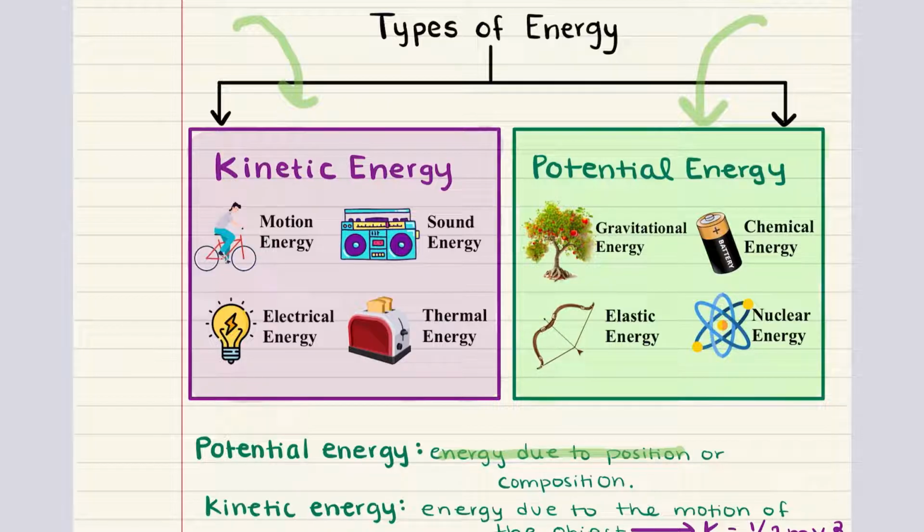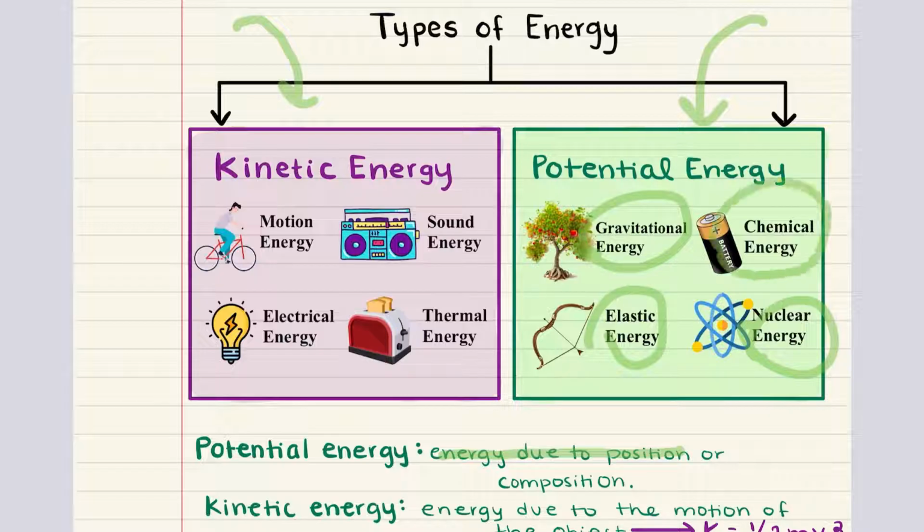Various types of potential energy include gravitational potential energy. This is energy stored by objects due to their position above Earth's surface. Elastic potential energy. This is energy stored when objects are stretched or compressed. Nuclear potential energy. This is energy contained within the bonds that hold the nucleus together.